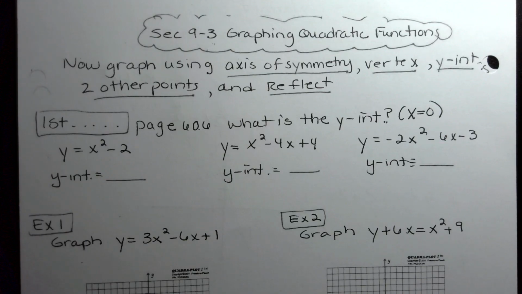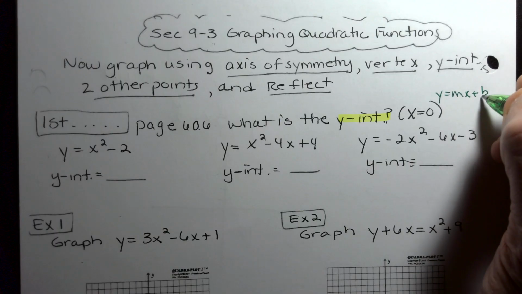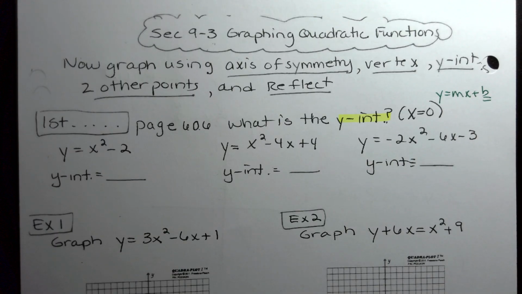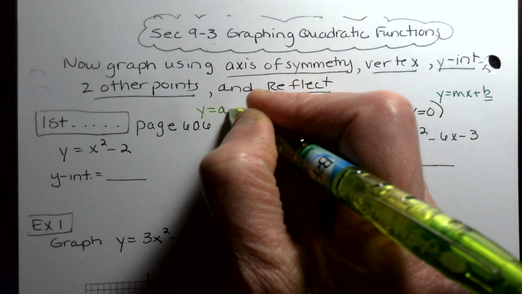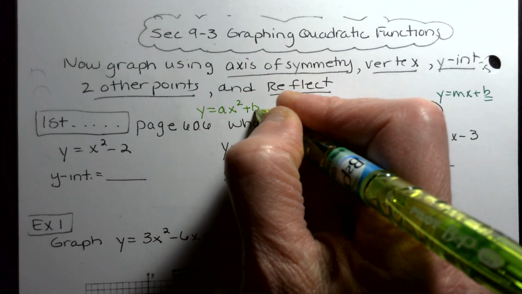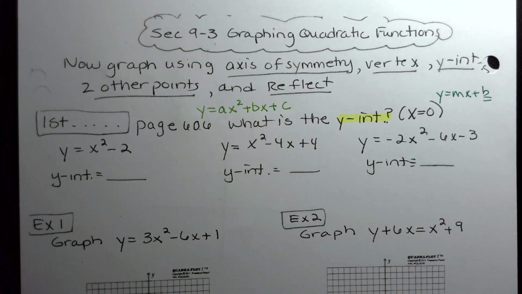What is the y-intercept? You just did that on the other side. The y-intercept, when we had a line, y equals mx plus b, it was the number that was all by itself. Guess what? When you have y equals ax squared plus bx plus c, guess what the y-intercept is?